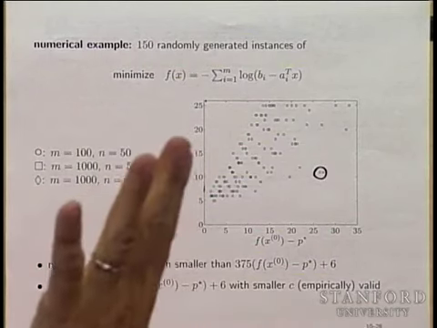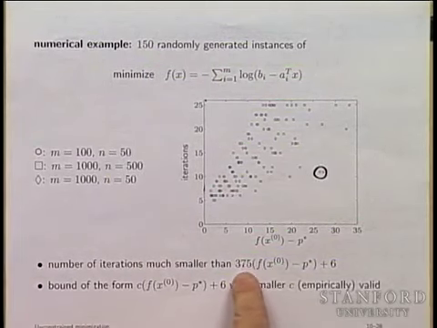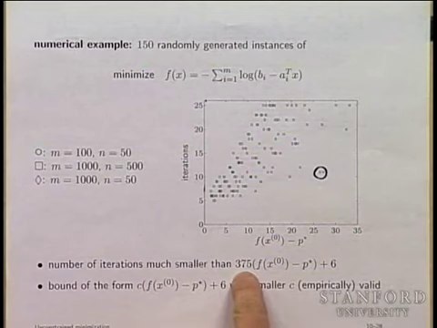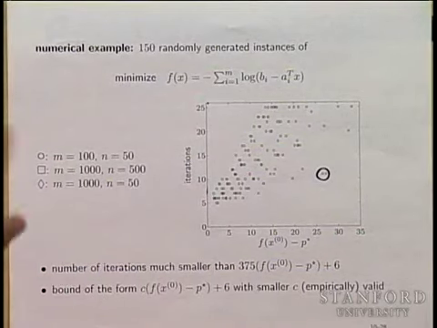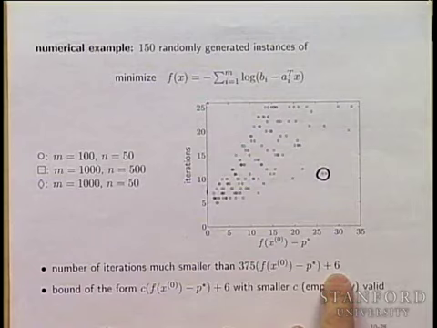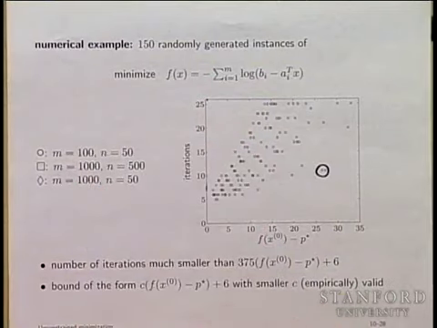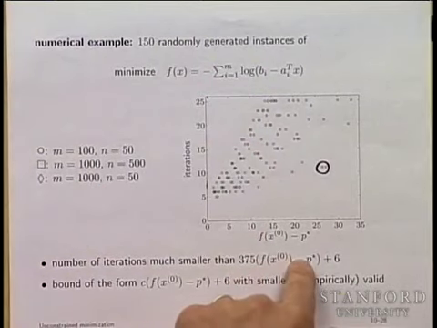Your complexity theorist can sit on one side of the room, and we'll define a constant C. On the left side of the room, we'll say C is 375, and we'll have another one called D, and we'll say D is log 1 over epsilon. They'll sit over there, and we'll argue using C times F minus P star plus D.